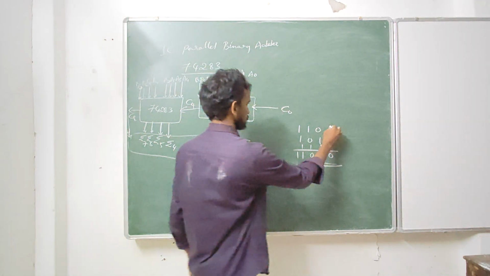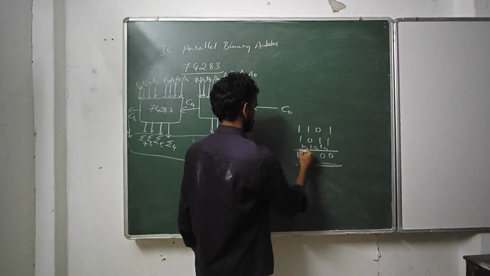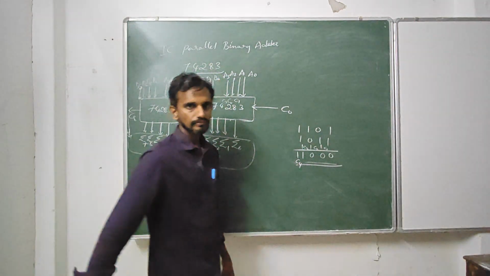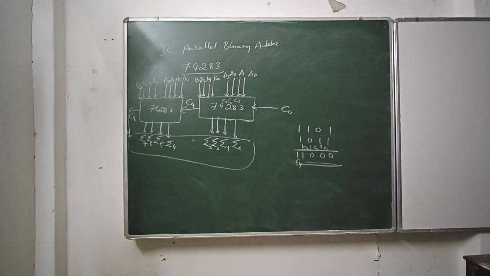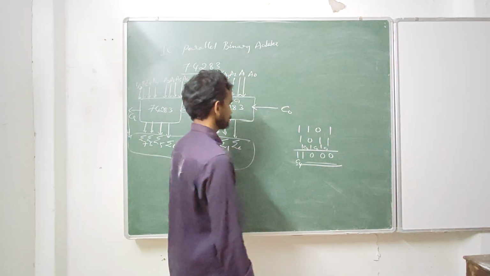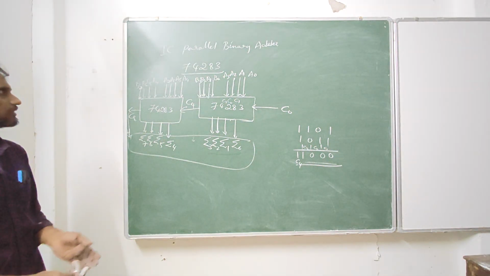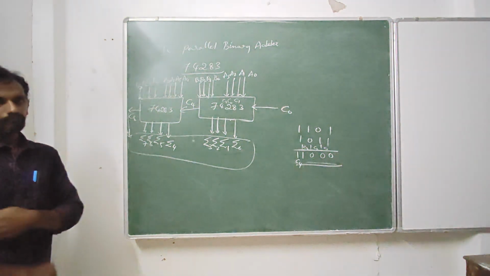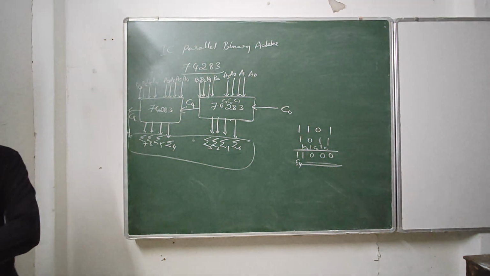So this is C1, C2, C3, this is C4. So that is how we can perform parallel binary addition operations using that IC 74283.